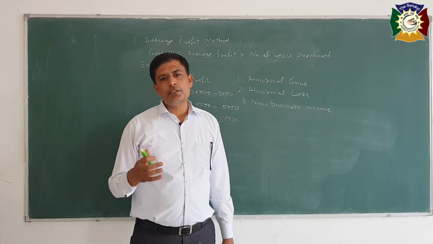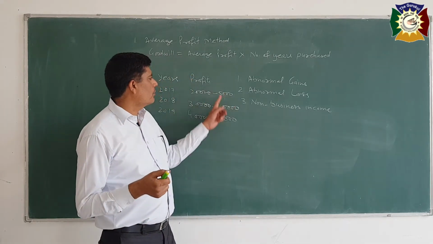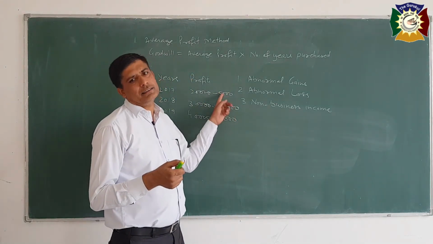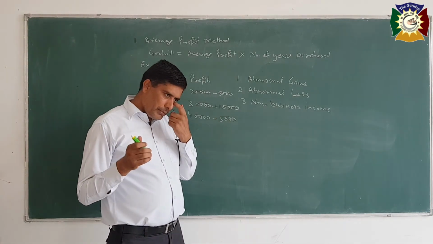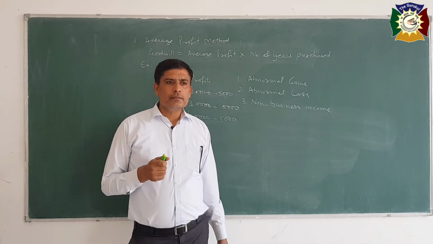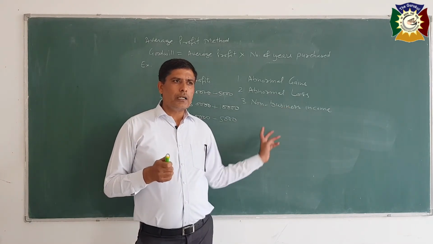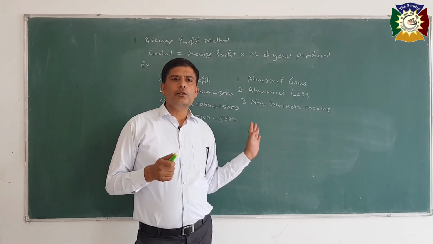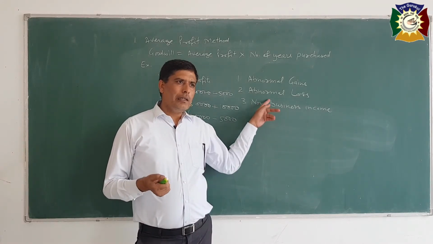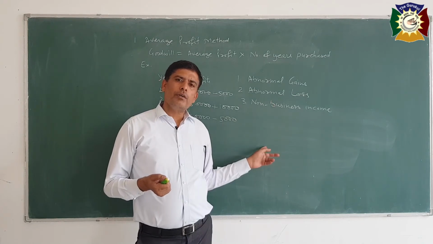Then such insurance premium will be deducted from the profits of all the years. That is annual charge. Or it may be remuneration of partners. Earlier, remuneration of partners was not shown here; when partners will be paid salary, commission or other, we will deduct it from the profits of all the years.